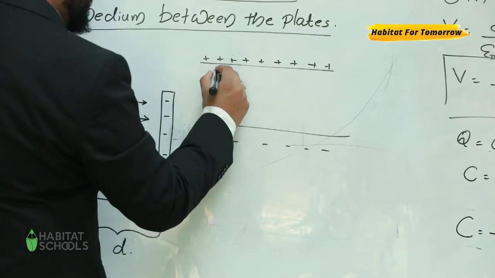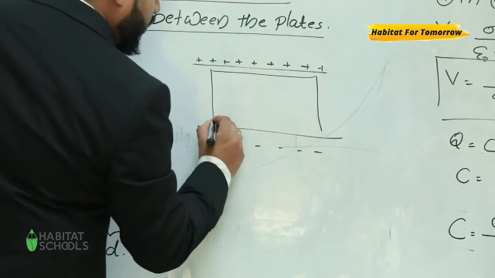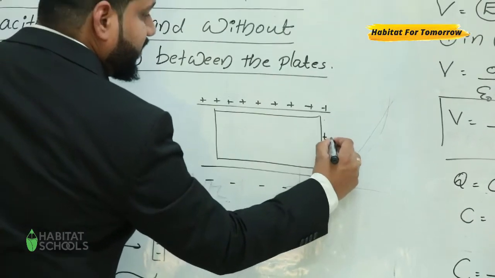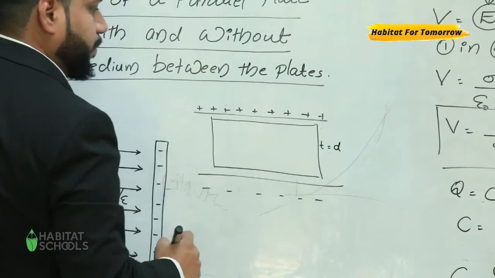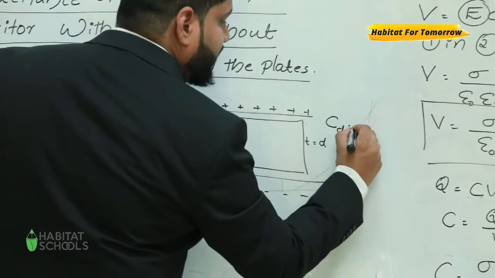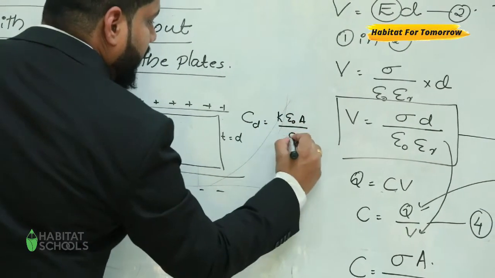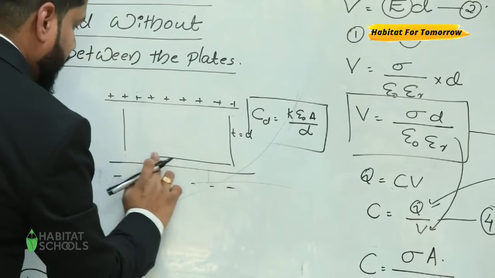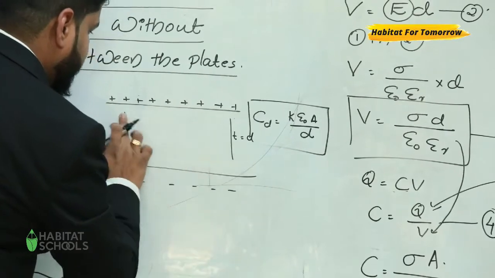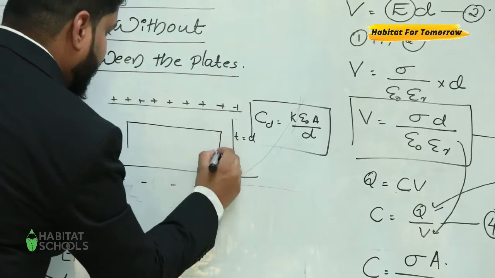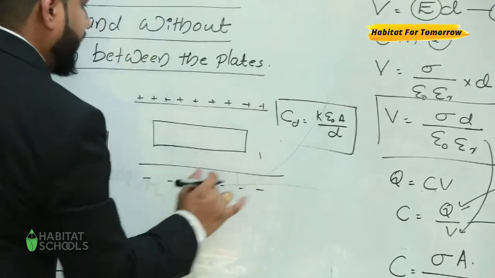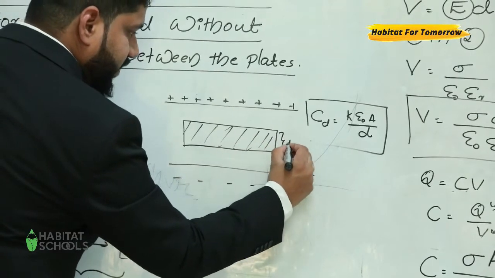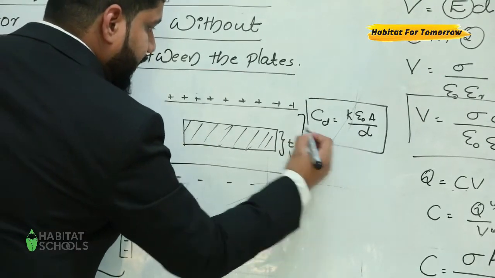So here one dielectric medium we placed like that, means this thickness is T, and the distance between plates is D. That time you can write CD is equal to K into epsilon 0 A by D. Okay, then second case, this dielectric medium we consider partially filled dielectric medium. Partially filled dielectric medium means here its thickness is T and this distance is D.